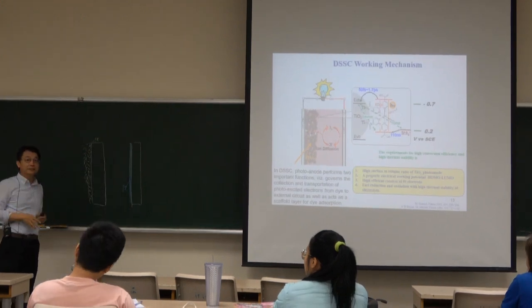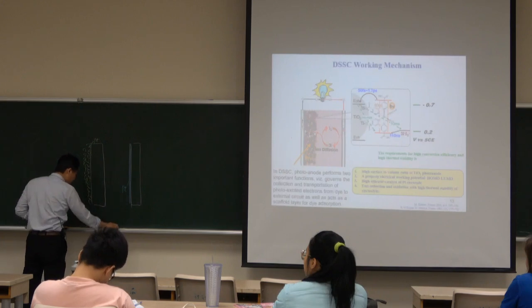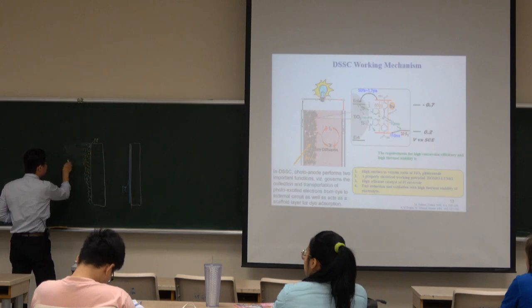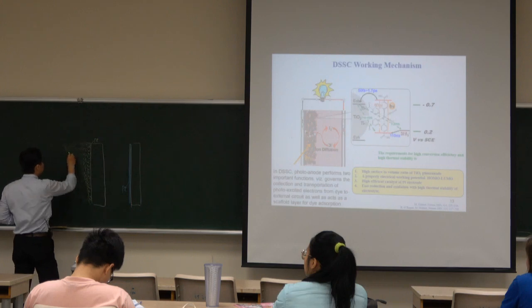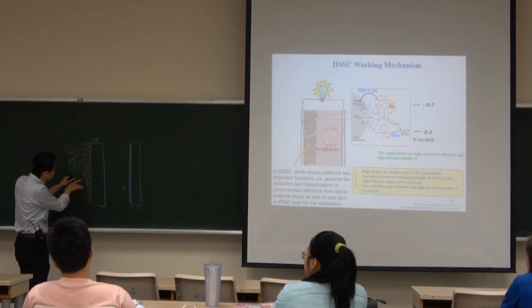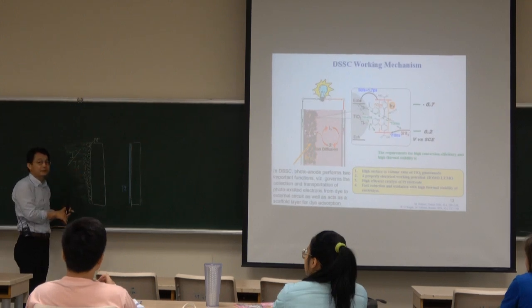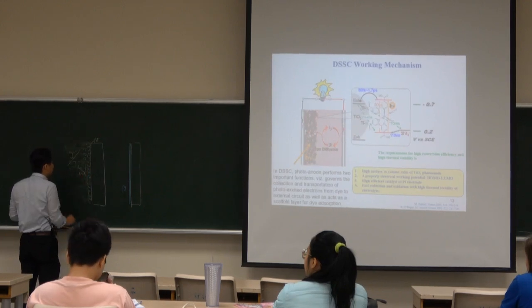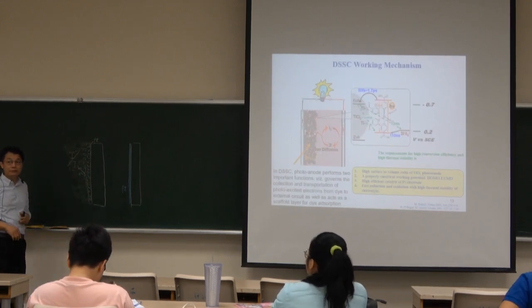There's a significant difference once we immerse the electrolytes onto the Pt surface. The high surface to volume ratio of the Pt particle can fully contact the electrolytes, so it can react and provide electrons to the oxidation state of the I3 minus.